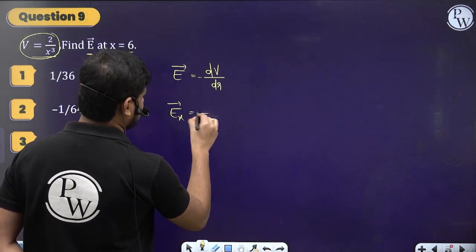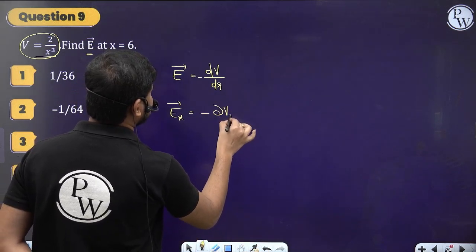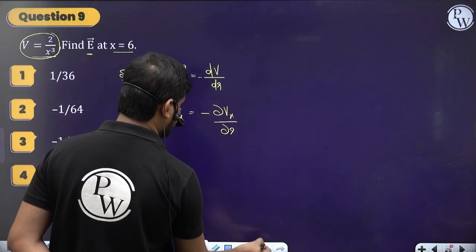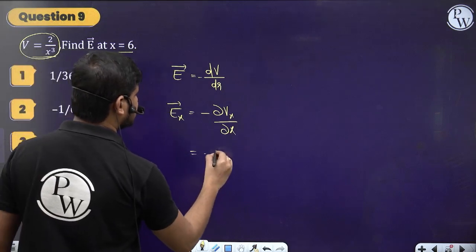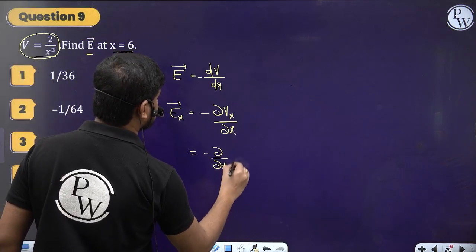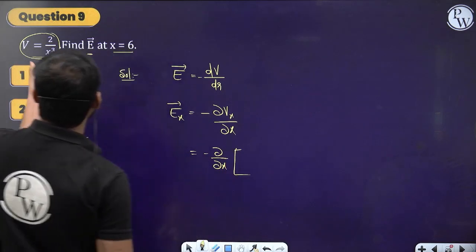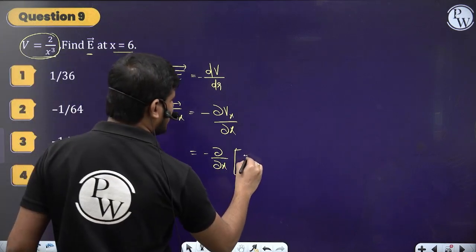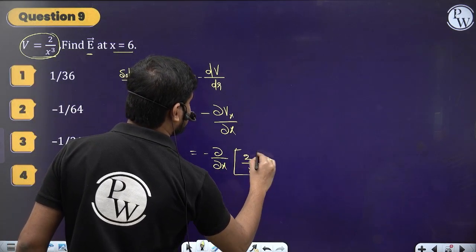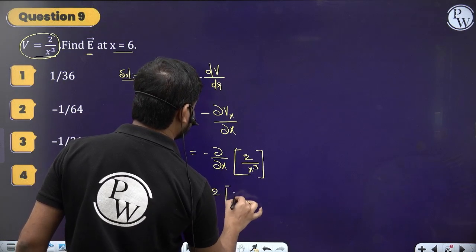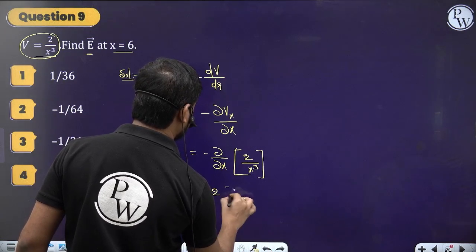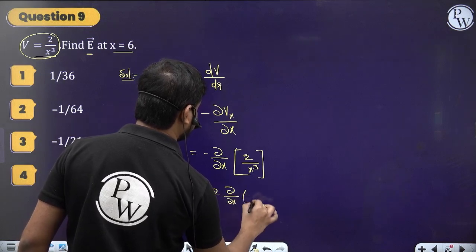So let's write this one. So minus dou Vx by dou x. So which is nothing but minus dou by dou x of, what is the potential in the x direction that is given? 2 by x cube, right? So 2 take it out, so minus 2 into dou by dou x of x to the power minus 3.